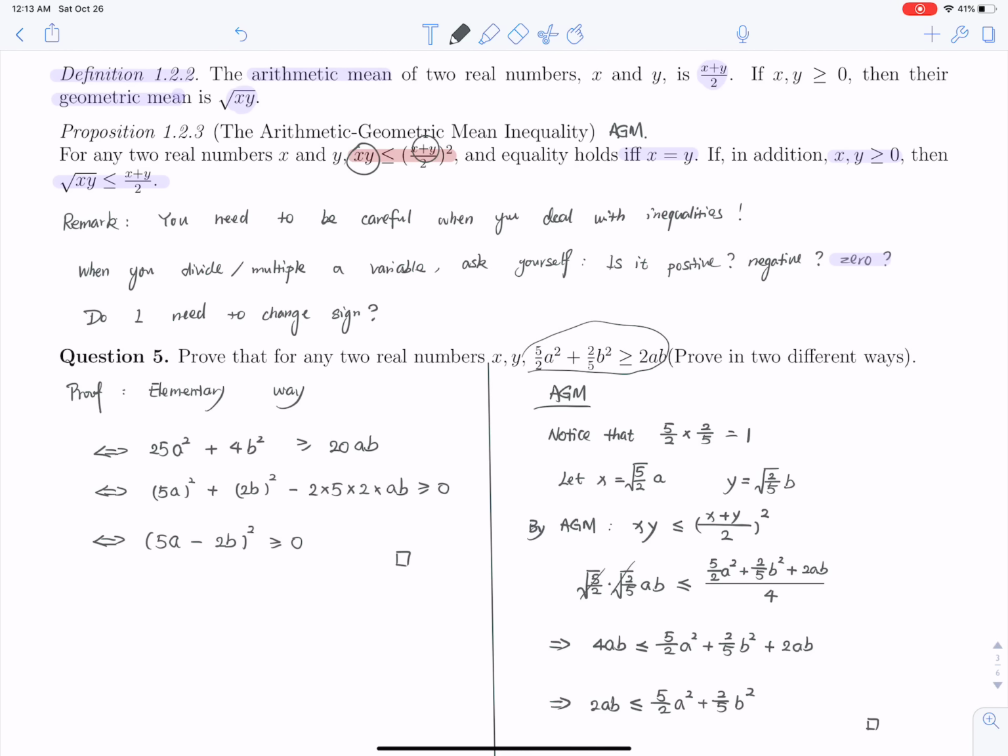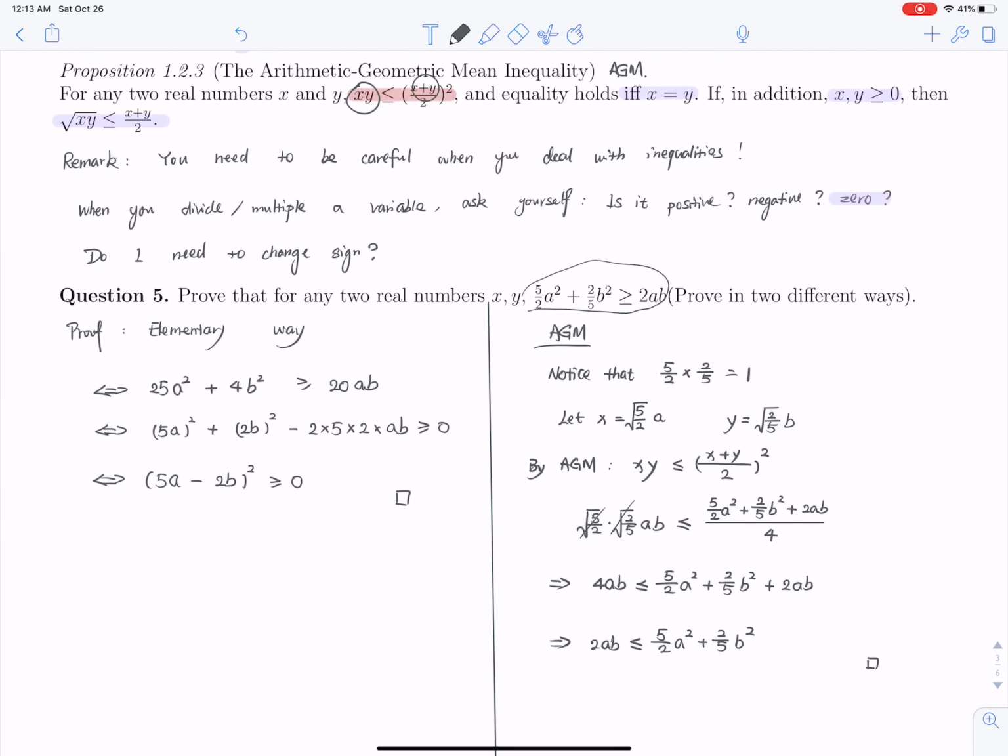So when you see inequalities and you see a triangle times square or a triangle plus square, triangle and square could be anything, but if you see those things appear in your inequality, think about AGM. Alright? You think about AGM.